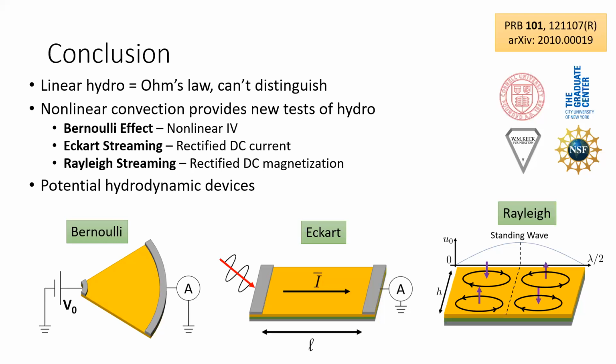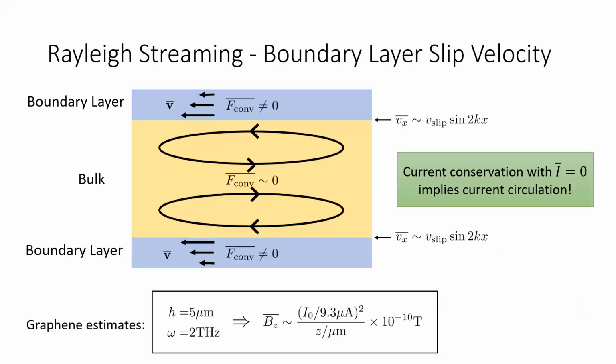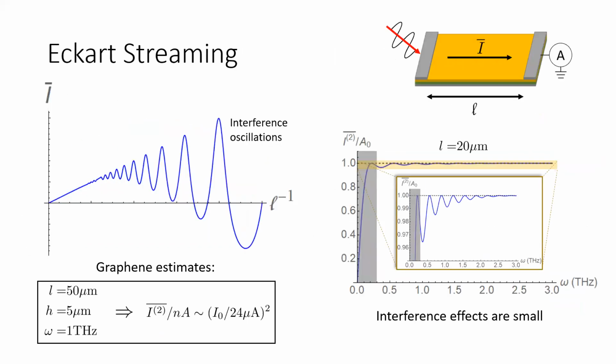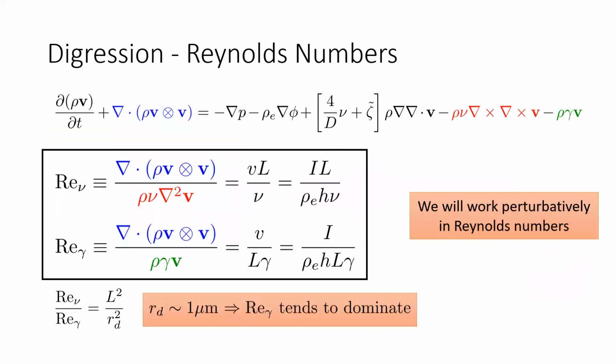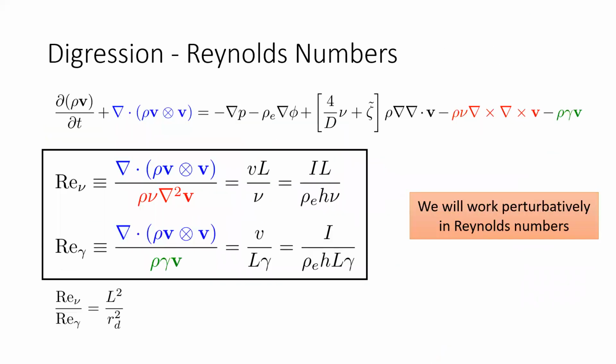Once you have that, the other issues of disorder or inhomogeneities are basically absorbed into gamma here.